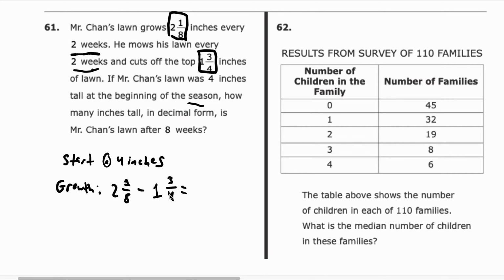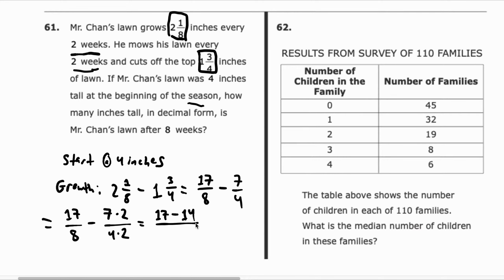This is just a case of mixed fractions, so we would multiply 2 times 8 plus 1, so that's 17 over 8, and then this would just be 7 over 4. So let's get a common denominator here. We would have 17 over 8 minus 7 times 2 over 4 times 2. So that's 17 minus 14 over 8, or 3/8.